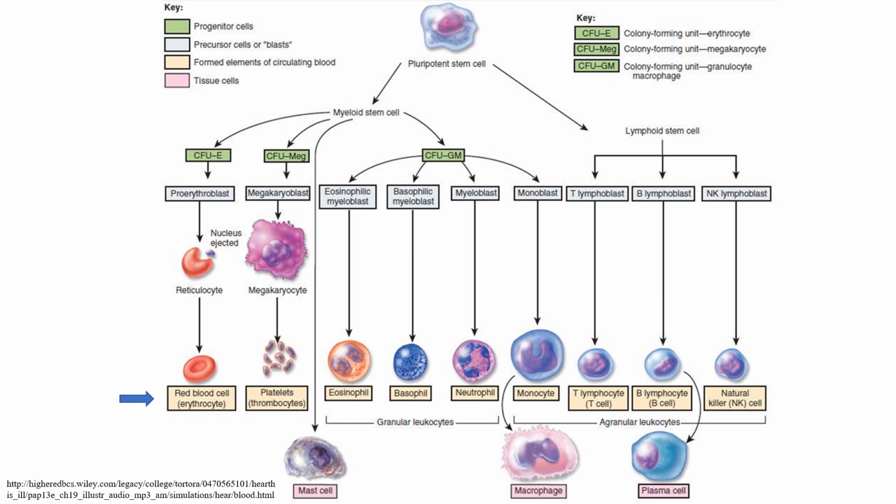So we get the ribosomes being synthesized in massive amounts, and then the accumulation of hemoglobin, and then the nucleus being ejected from the cells.